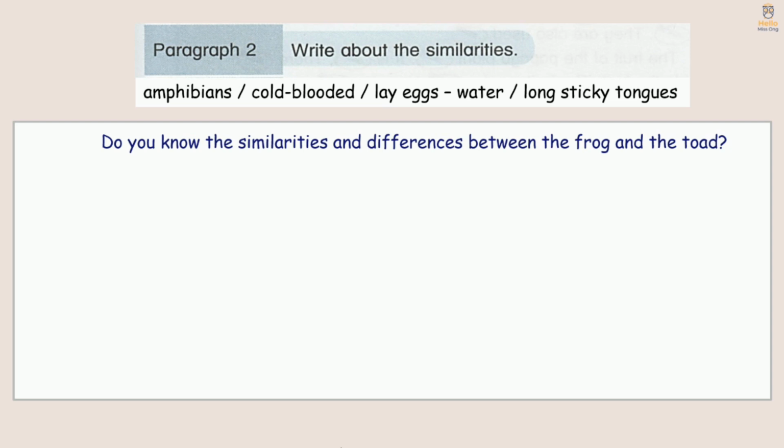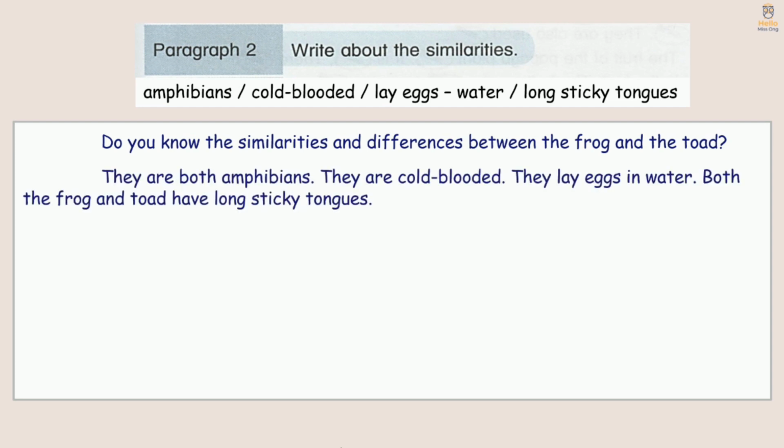You may use the notes given to write your sentences. They are both amphibians. They are cold-blooded. They lay eggs in water. Both the frog and the toad have long sticky tongues.